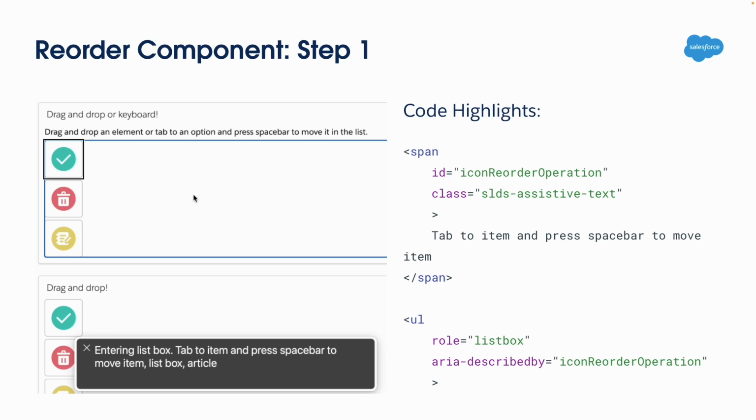So it's saying entering list box, and so list box is from the role of the unordered list. Tab to item and press spacebar to move item. That is the assistive text that I provided to my ARIA described by property for my unordered list. And then we have list box article, which is orienting the user to where they are.